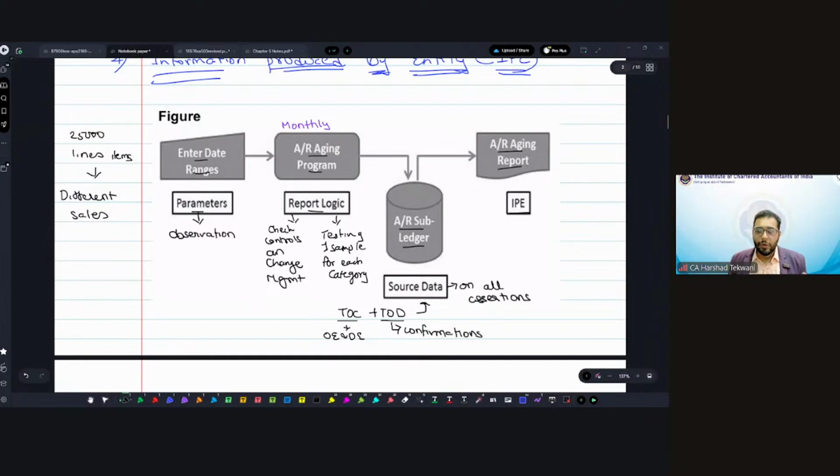So here what you are doing is you are obtaining information about the accuracy and the completeness of the information. You are talking about whether the information is sufficiently precise for your purpose. So accuracy, completeness, all those things, you are verifying again.